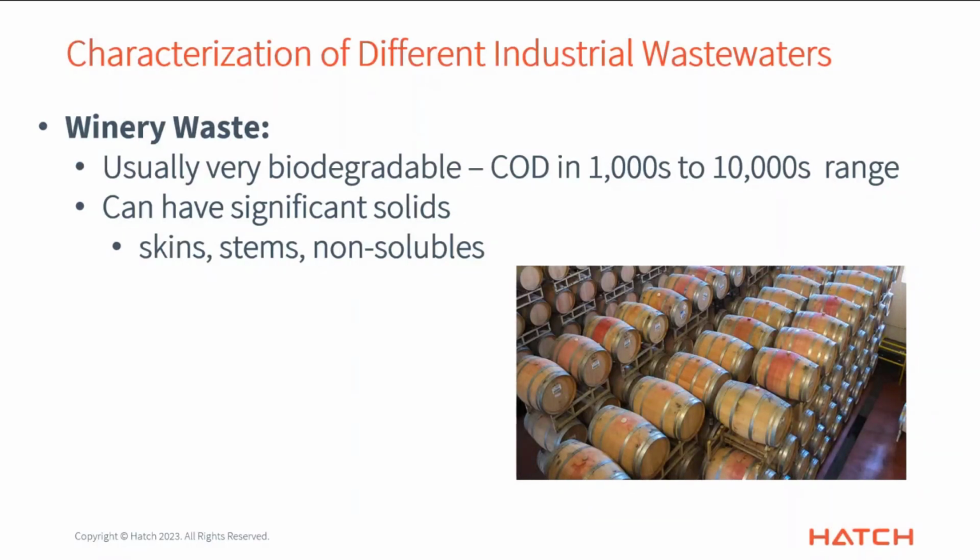That slurry had, I think, almost 500,000 milligrams per liter concentration, and it was brought to a municipal plant and put in the digester. Winery waste also traditionally, maybe not always, has issues with lower pHs as well. So you may want to characterize that properly when you put it on your drawing board.